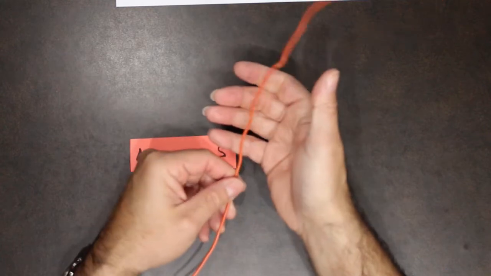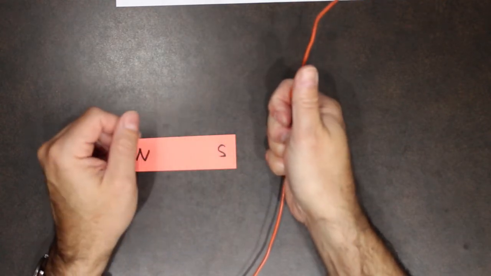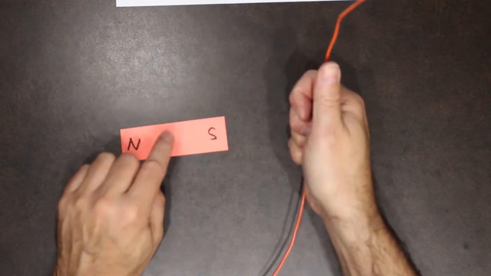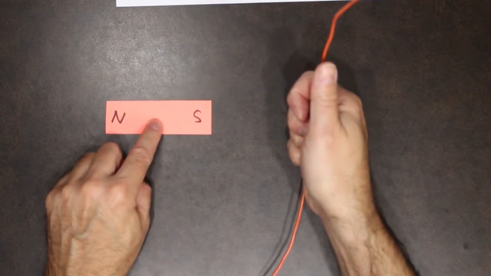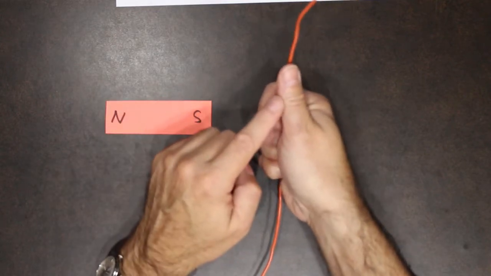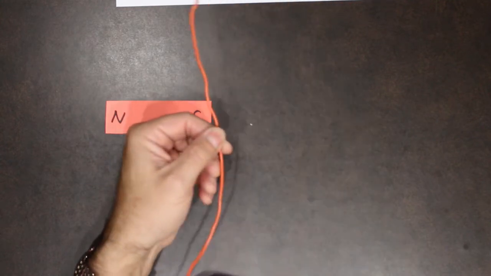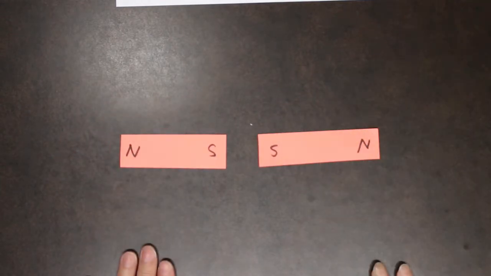So the magnetic field wraps around the conductor like this. From this permanent magnet, I have a magnetic field, and then I have a magnetic field created around this wire.